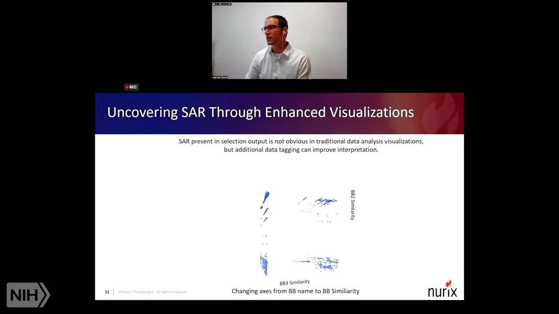So in this example, I've replaced the building block names on the X, Y, and Z axes with the similarity of each building block to a given ligand. And I chose the most enriched ligand, which came from this feature, which we discussed earlier. And so we see a complete restructuring of the data set, which can really tell us something about the underlying diversity of the chemical matter which was enriched in the output.